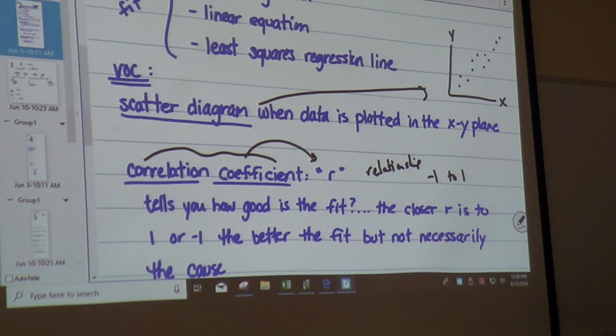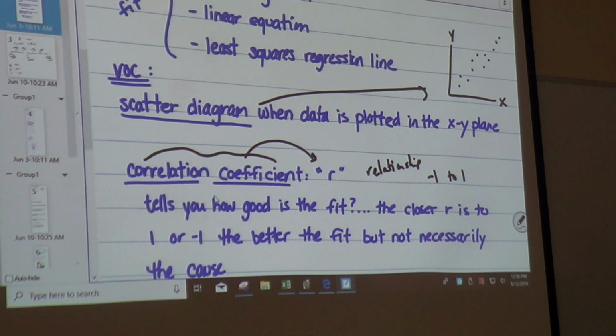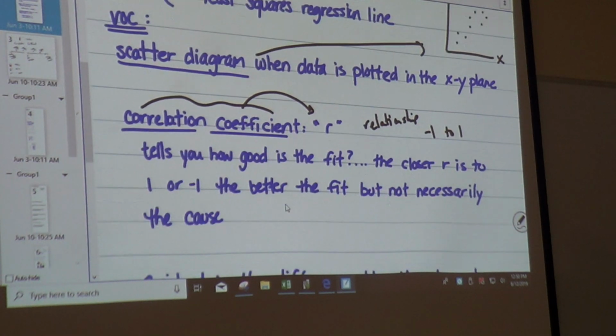The closer to -1 it is, the more linear it is. But I'm going to talk about that in just a minute. We just need to know that the R value is the correlation coefficient. I promise this is all going to make sense. Don't freak out on me. The R value tells me how good the fit is, how linear it is.